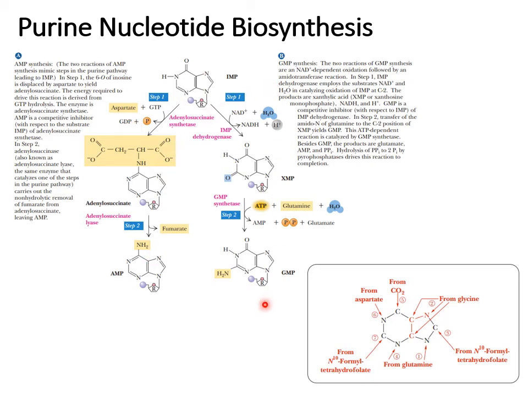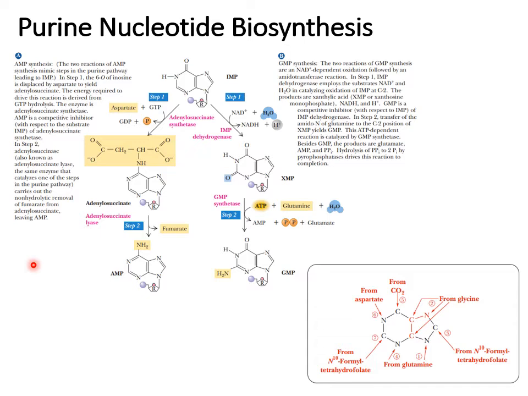Ultimately, in purine nucleotide synthesis, the growing ring system is bonded to the ribose phosphate while this whole purine skeleton is being assembled. That'll come back in a minute as a difference when we look at pyrimidines.